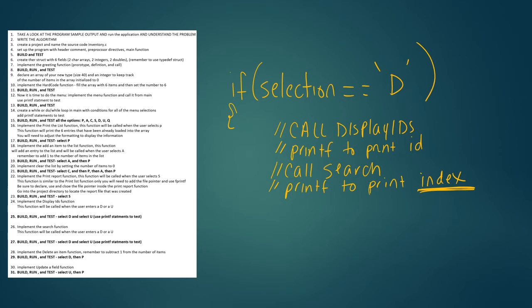Now, if you do return a -1 because you don't find a match, there is no such thing as list at index -1. So this is very, very important that you realize that arrays start at index 0. So you have to make sure that if index is equal to -1, that means it was not found, then you want to print not found.